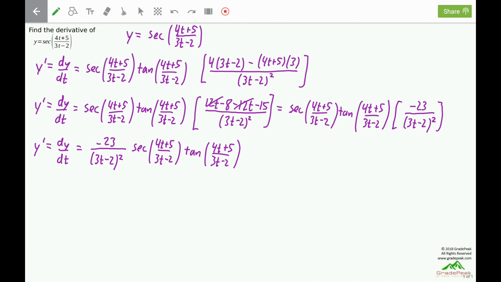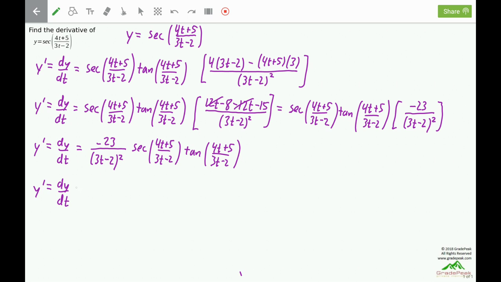Now, one other option that we actually have here, these are multiplying each other. And the secant and the tangent, those are technically in the numerator because they're not in a denominator and they're multiplying. They'll multiply with the numerator. So it is possible to write those in the numerator. So here's an optional way to write this result.